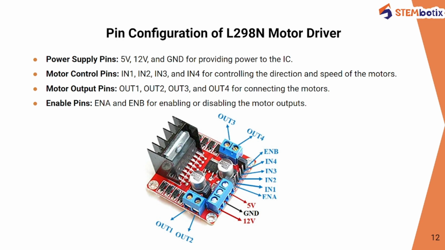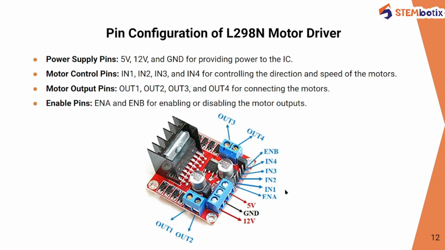If both inputs, input 1 and input 2, are at low, then the motor will be in the off position. If input 1 is at high and input 2 is at low, then the motor will go in the forward direction.